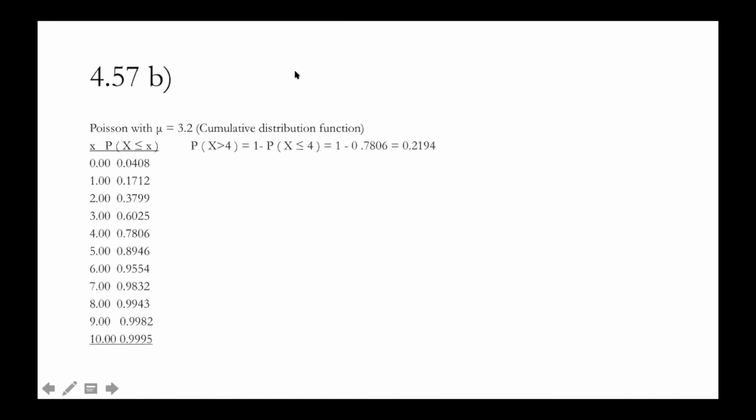So everything that is greater than 4 is equal to, since you know that the sum of all these events should be equal to 1, and the sample space should be 1, we take 1 minus the probability that x is equal to or lower than 4.